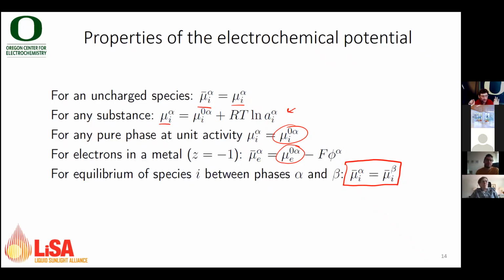At equilibrium, their electrochemical potentials have to be the same in all different phases of your system. That is the definition of equilibrium. This is a really, really important concept for every given species. If you take this as your foundation, you can start analyzing fairly complicated systems at equilibrium first. The way to analyze an electrochemical system is to think about it at equilibrium, then think about it as you perturb it from equilibrium. Otherwise, you can get yourself really confused.